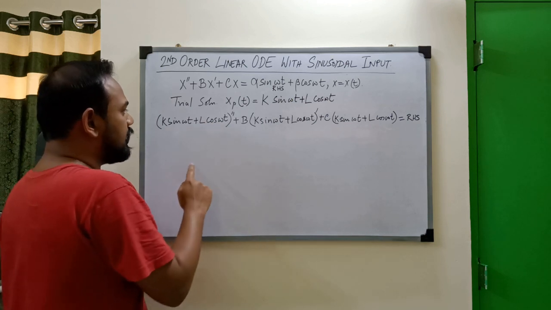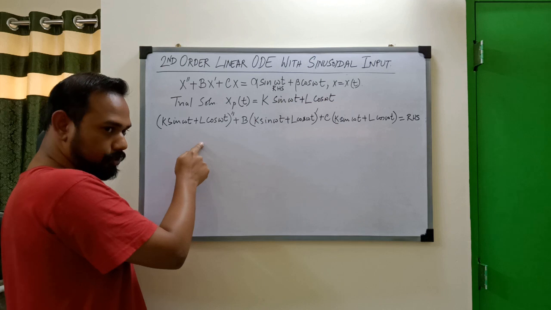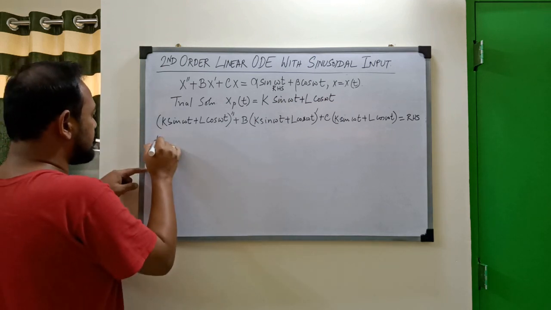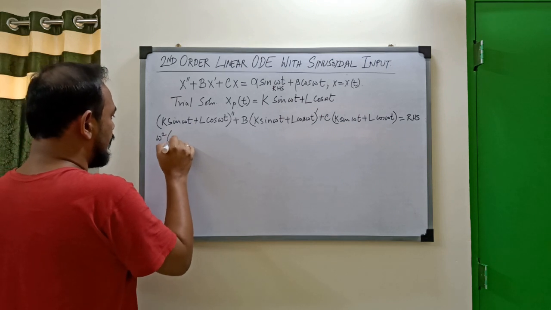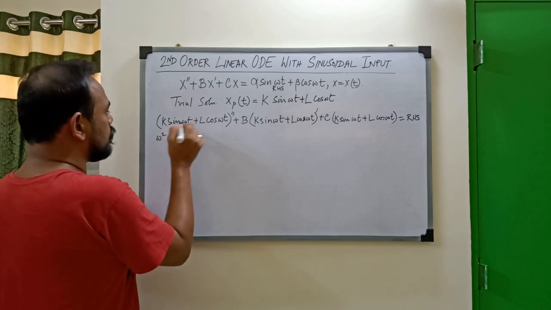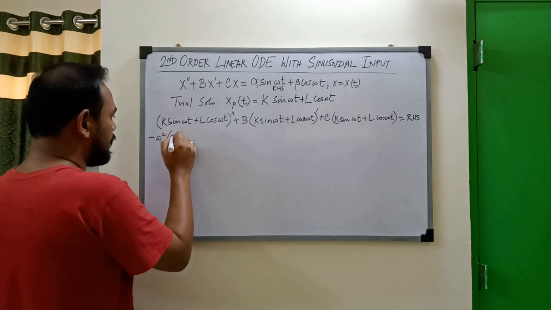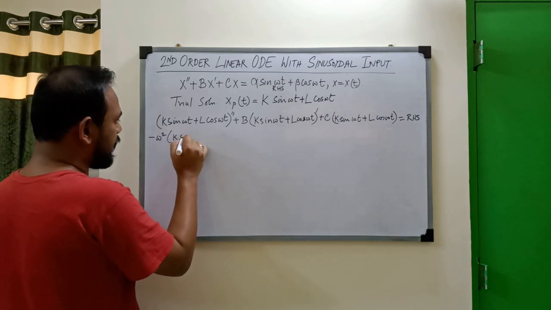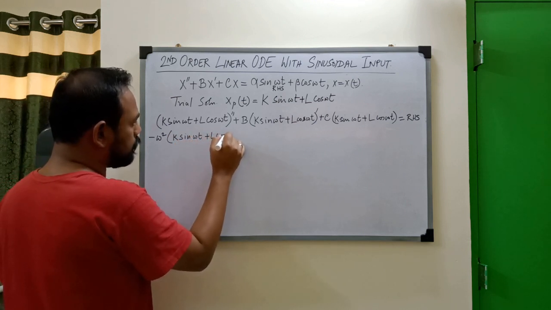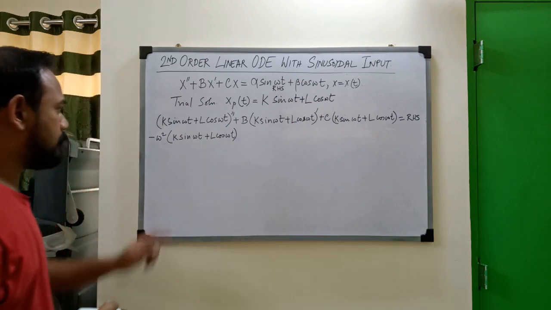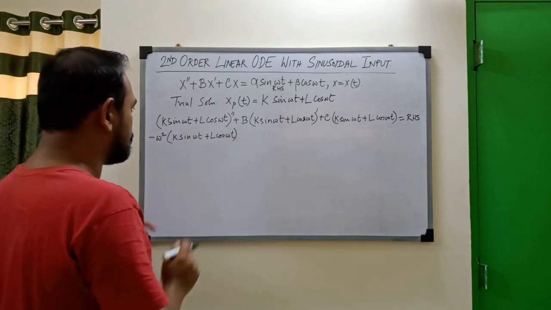Similarly, cosine double differentiated gives me a minus cosine, with an omega square in front. Both of them produce a minus sign, so I'm going to take out a minus omega square, and this remains what it is, therefore k sine omega t plus L cosine omega t. I hope that it's easy to understand why this came out, and the rest of it remained the same.